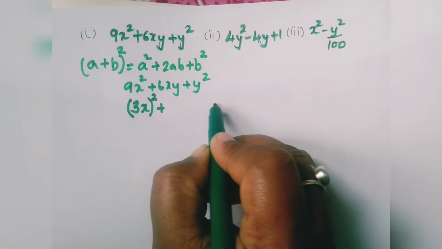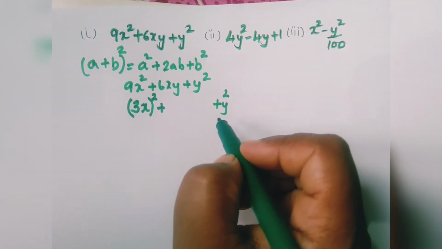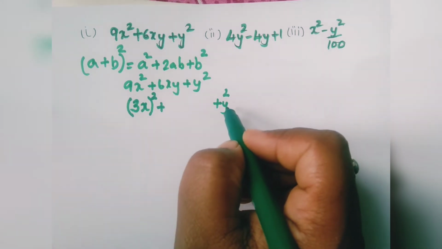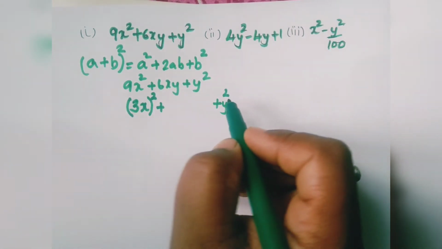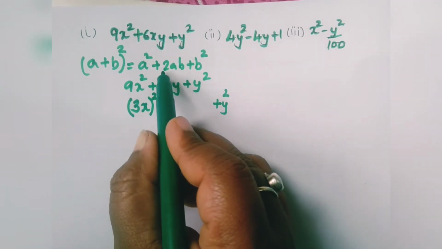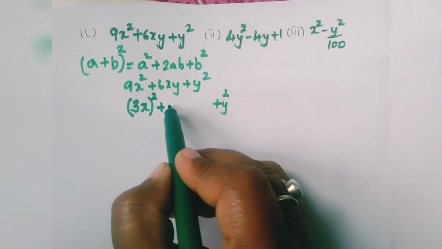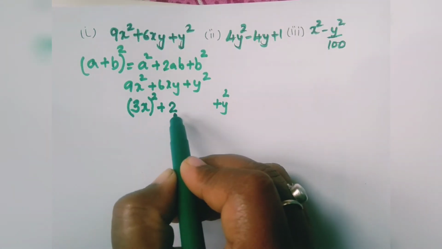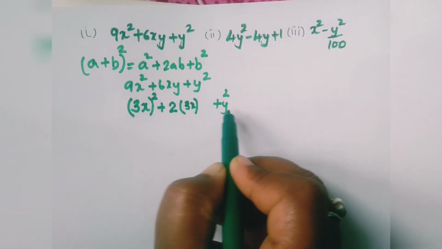Then we will go to the last one. Here the last one you can write y square as it is, because there is no number here, so you can just write it as 1 y square. So 1 can be ignored, and we can just write this as y square. So the middle term should be 2ab. We will check whether you will get xy. First we will write 2, and what is a? A is 3x, and what is b?